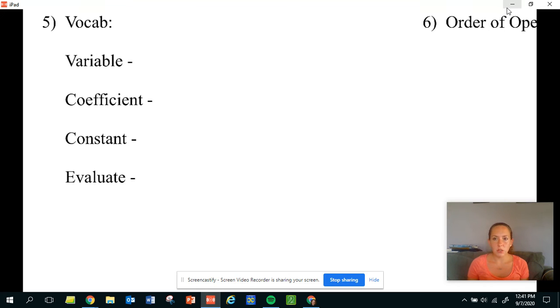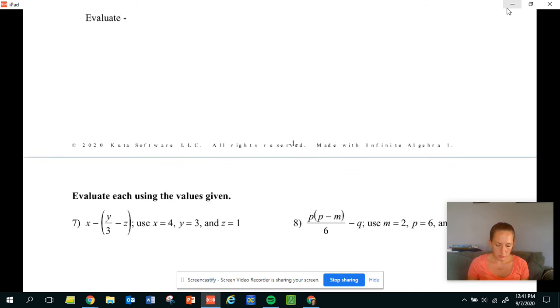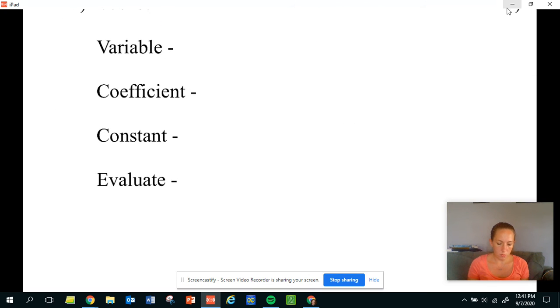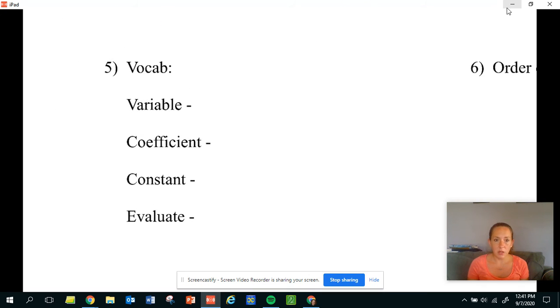Next, I just want to make sure that we're good on vocab. So a variable, if you remember, is a letter that represents or stands in for a number.